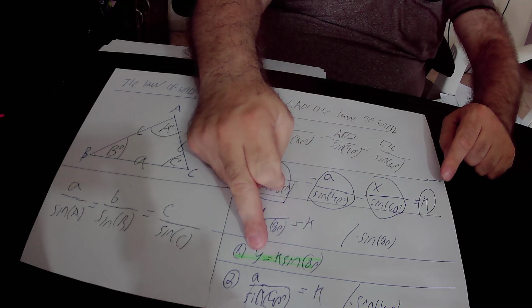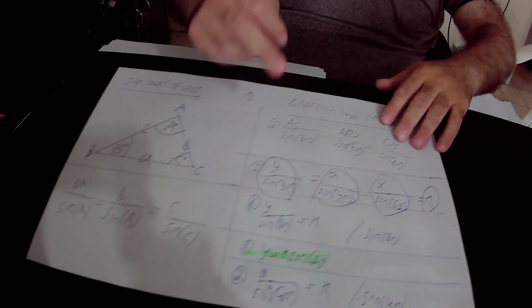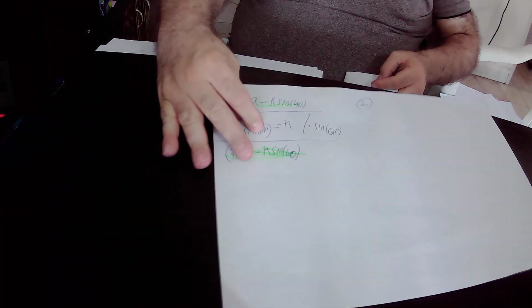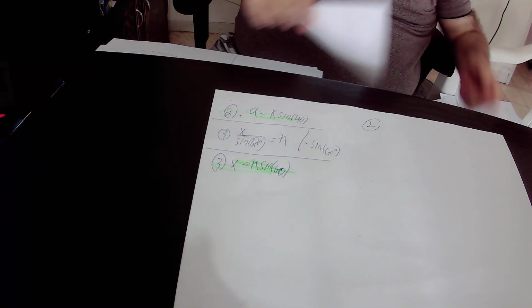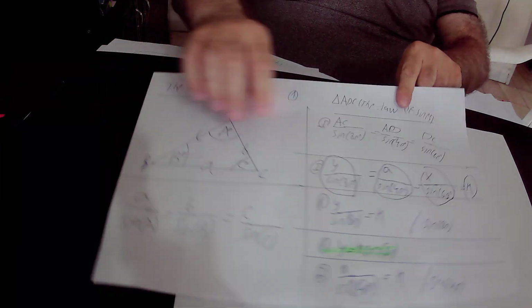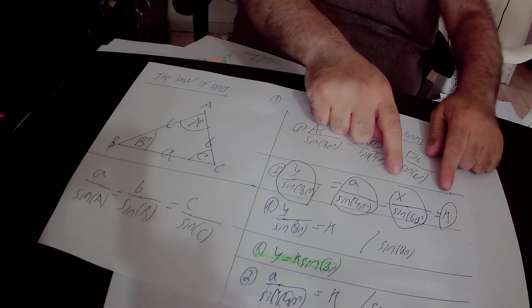So we multiplied equation number 2 by sine 40 degrees and found that, according to equation number 2, A equals k times sine 40 degrees. And finally, we derive the third equation from this long equation.